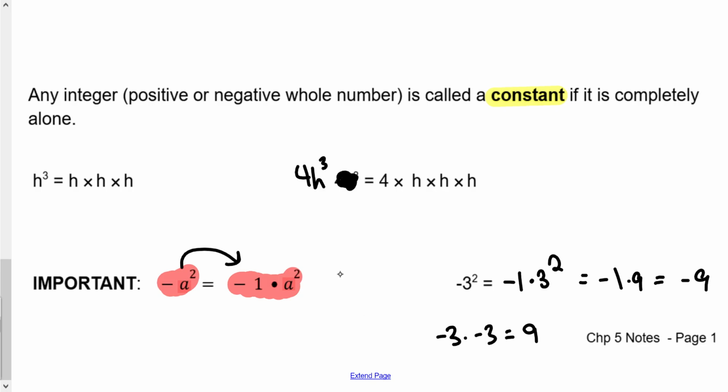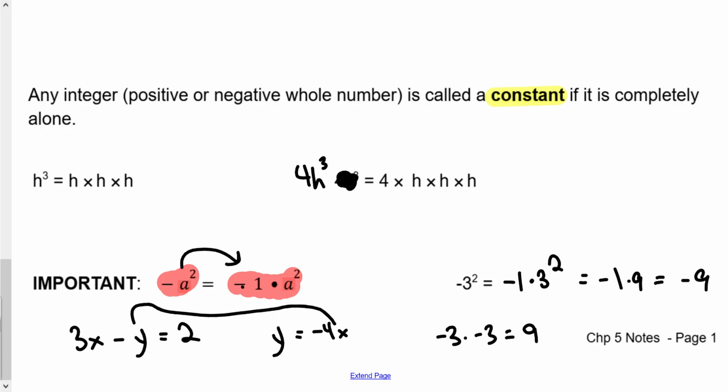No, you've got to understand this idea. It's like a -1 times whatever that base is to the second power. I know it's weird, but if you went back and you looked at how we used to have to plug in a value, like let's just say -3x minus y equals 2, and I said, hey, y equals -4x, and I said, please go plug -4x in for the y.